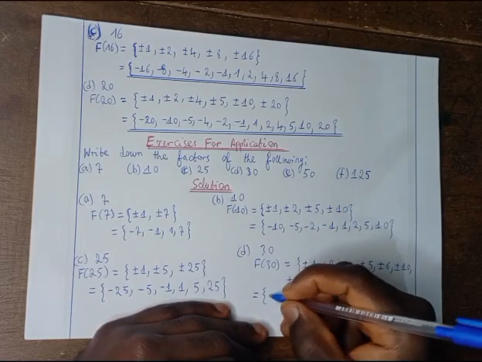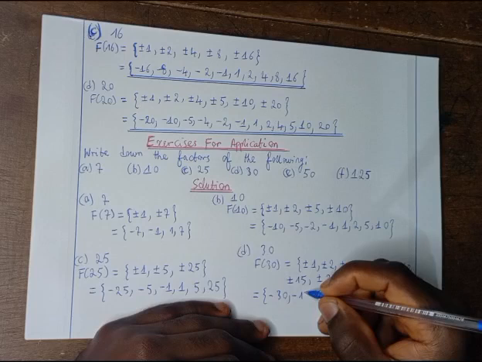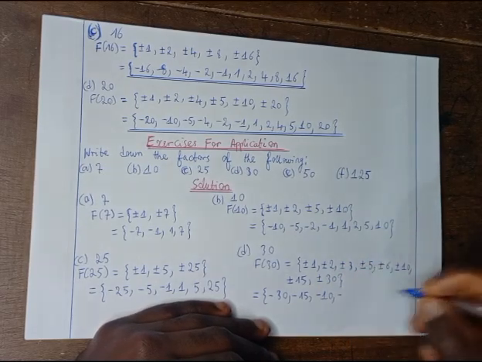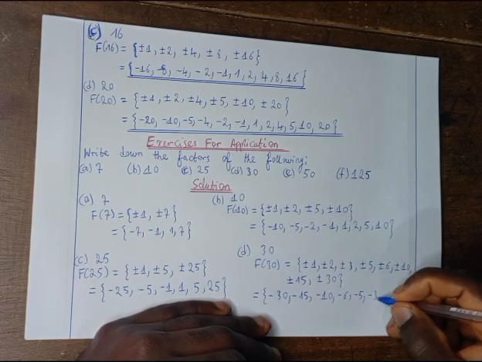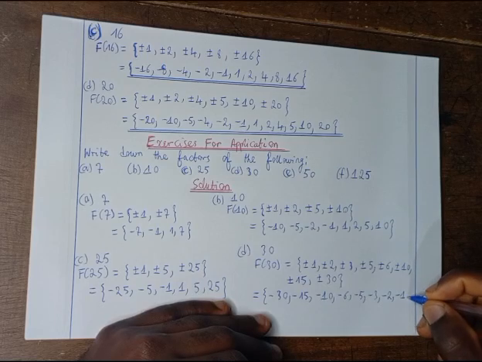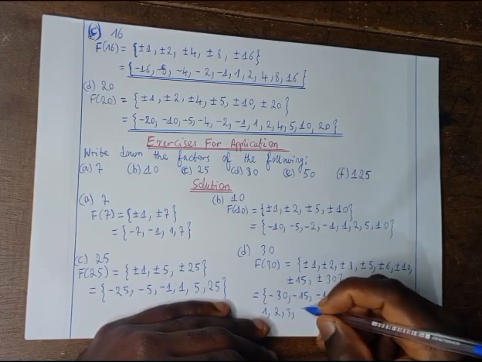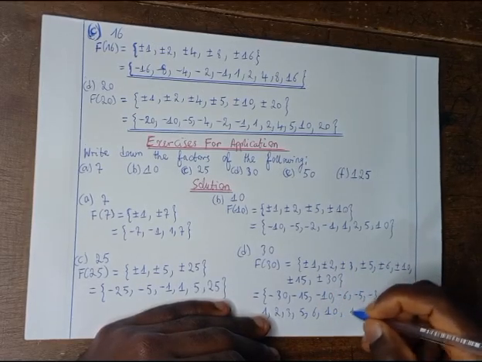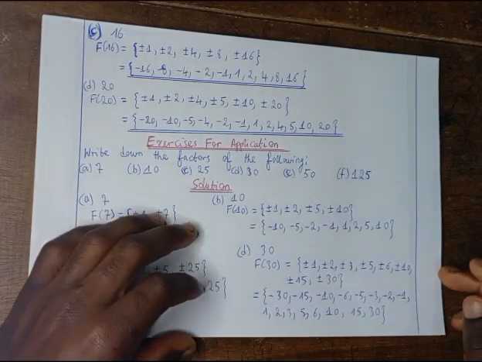This will simply be equal to negative 30, negative 15, negative 10, negative 6, negative 5, negative 3, negative 2, negative 1, 1, 2, 3, 5, 6, 10, 15, and lastly 30.